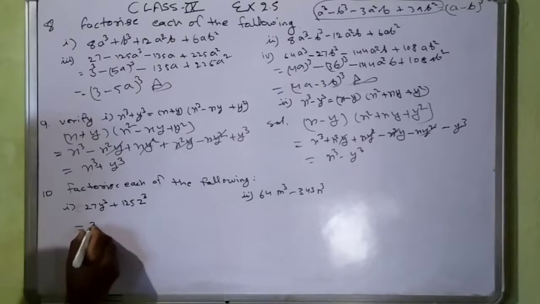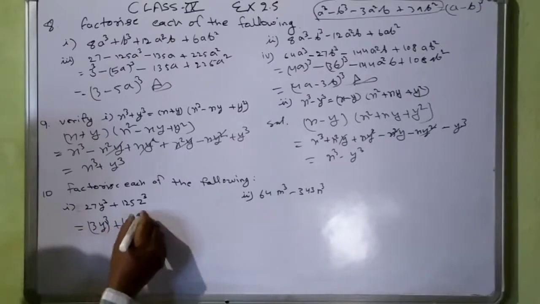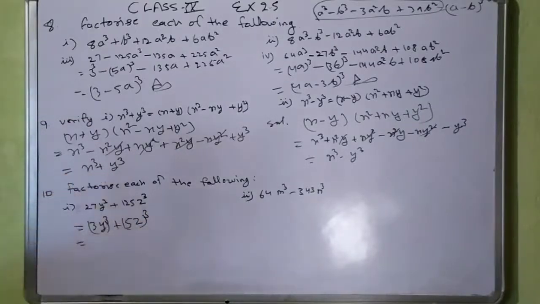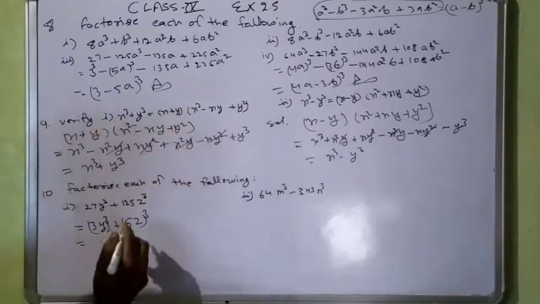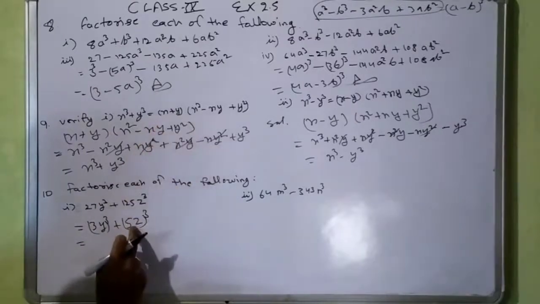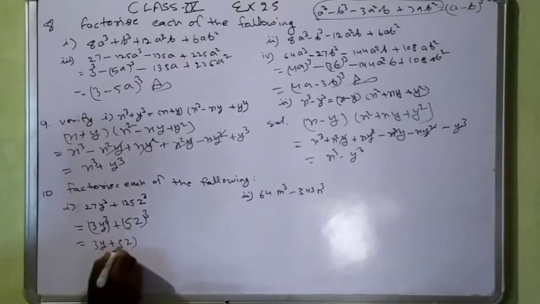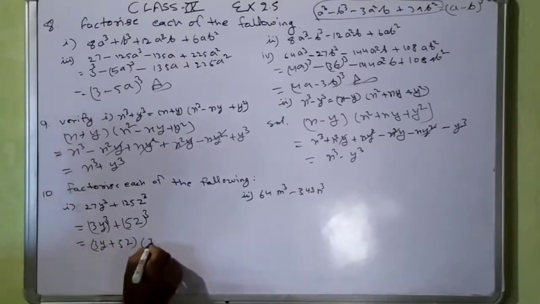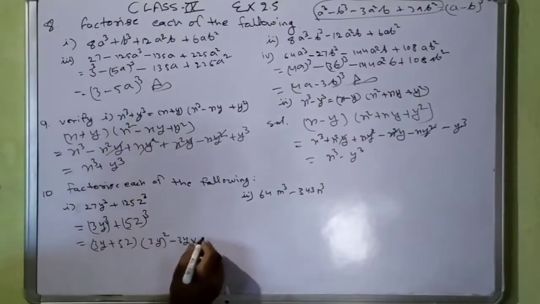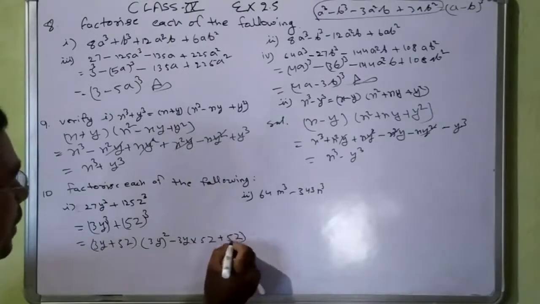So 27y cube plus 125z cube is equal to, see that, x cube plus y cube is equal to, you are looking at this. So in the place of x we will write 3y, in the place of y we will write 5z. So that will be 3y plus 5z, and in the second bracket 3y square minus 3y multiplied by 5z plus 5z square.